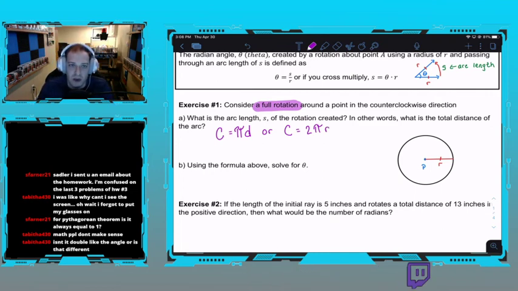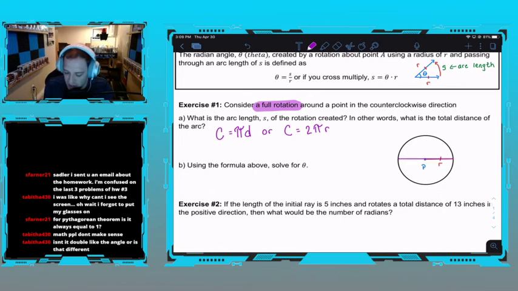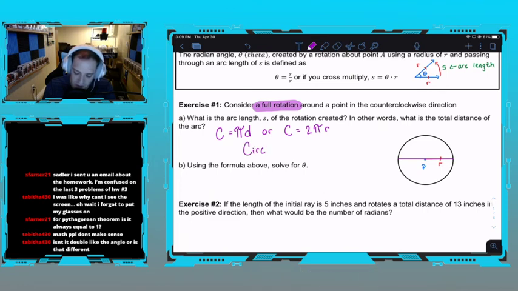And the reason why we're writing both of these out is because D stands for diameter. And if you guys remember your vocabulary from geometry, diameter is just two radiuses put together. So if I were to go all the way across, that would be a diameter. And it's 2 r's. So that's why those two formulas are exactly the same. The C stood for circumference.